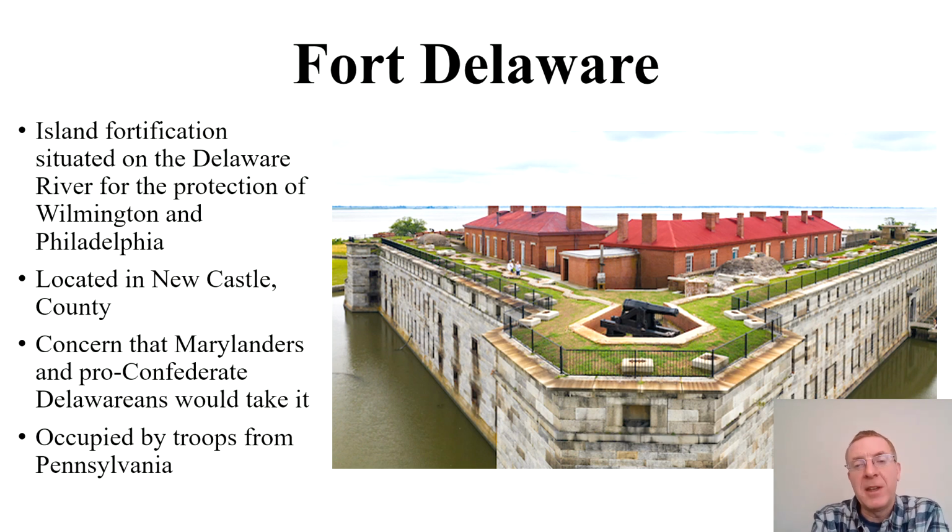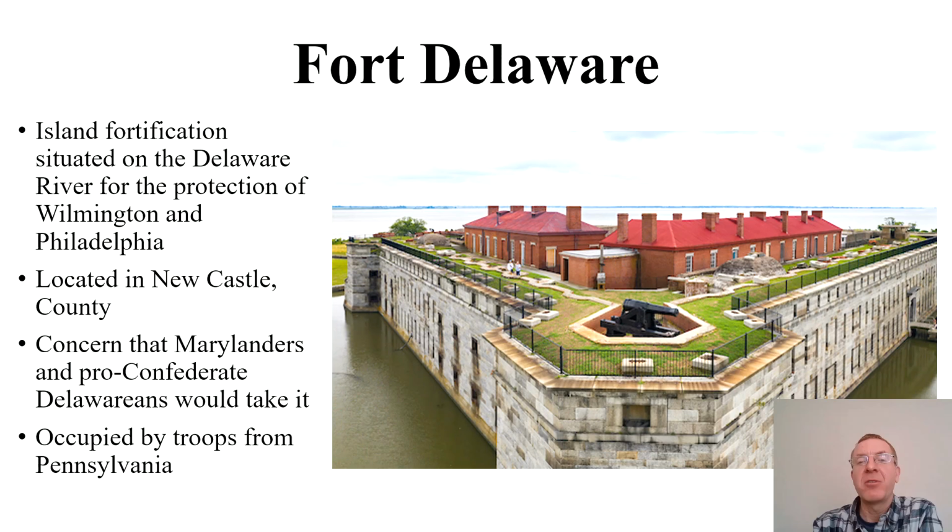Finally, also in New Castle County, you have Fort Delaware, which is situated in the middle of the Delaware River. It's an island fortification, like a lot of the mid-19th century forts in the United States at the time. And this fort was built to protect Wilmington and Philadelphia from a potential British invasion.